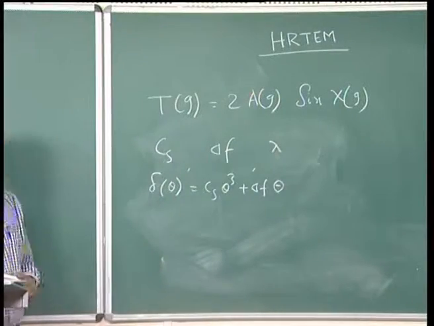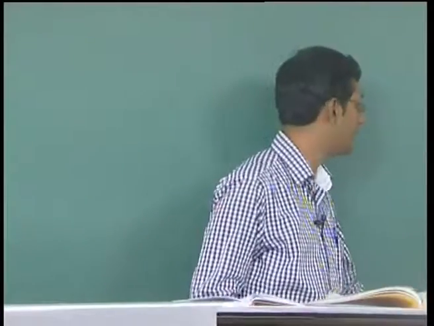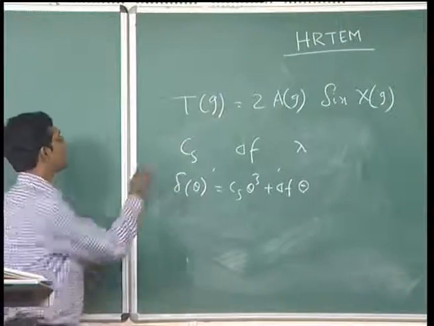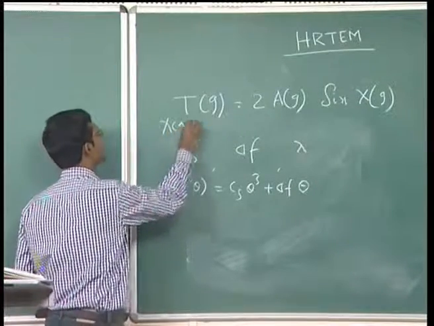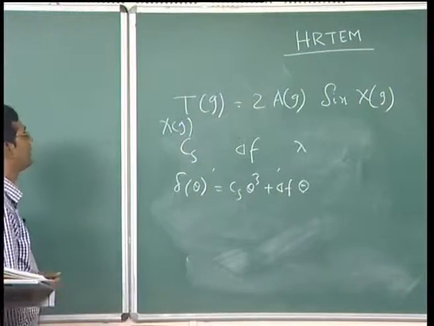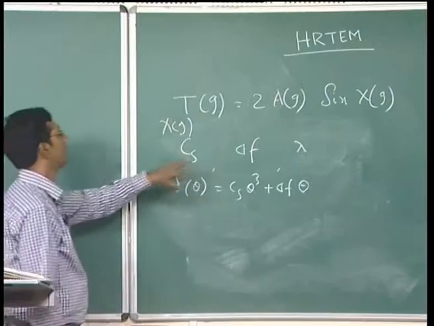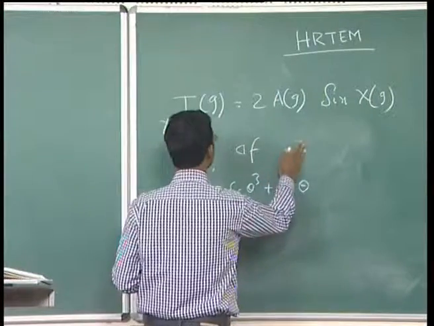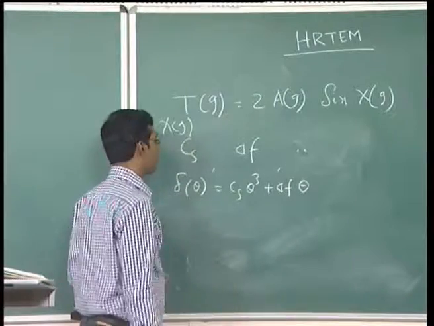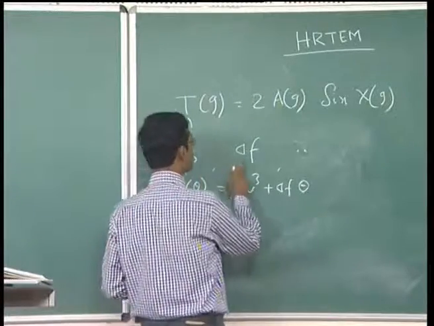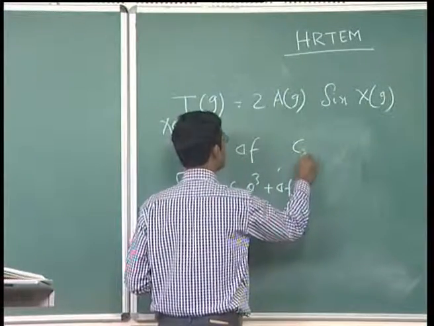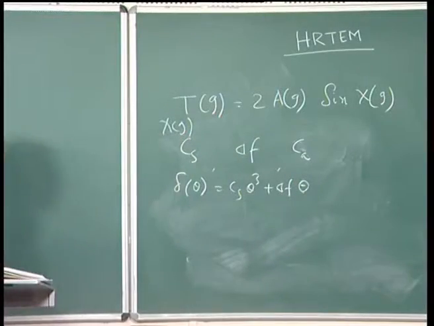Let me describe all that in detail. As I said, psi z, this function which is the transfer function, depends on three aspects: the Cs, the spherical aberration constant, the defocus of the objective lens, and the astigmatism of the objective lens.